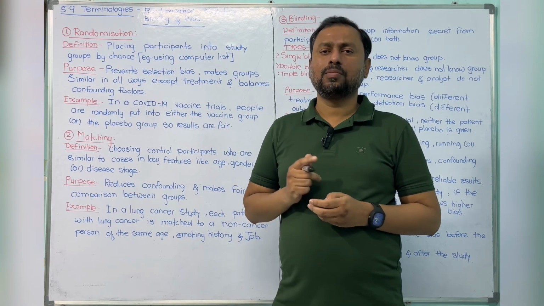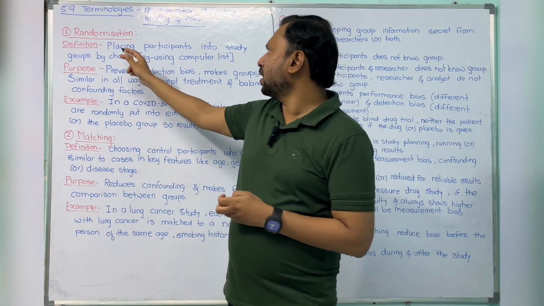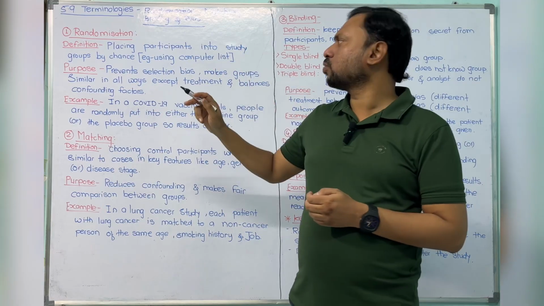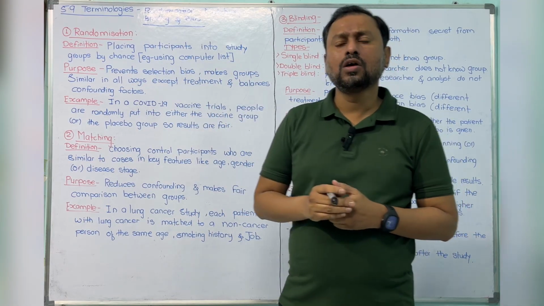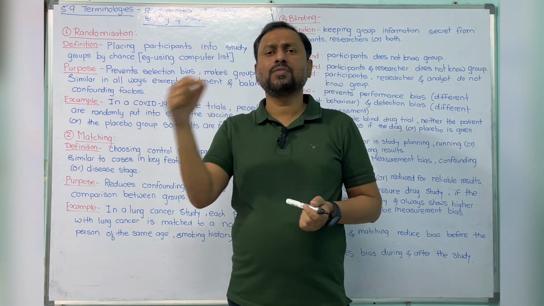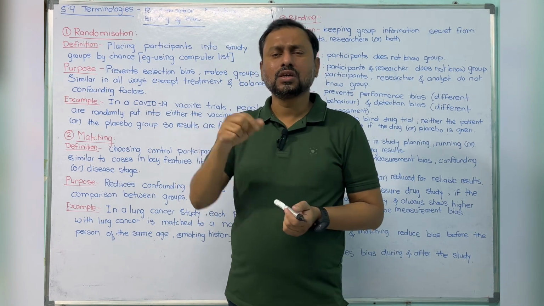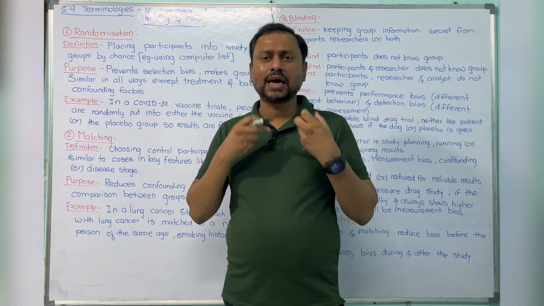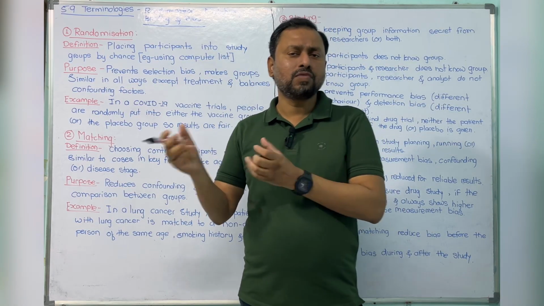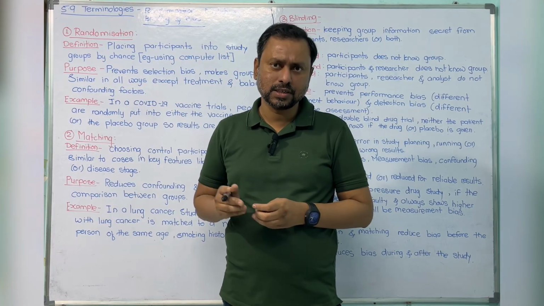This is called randomization. Here, participants are placed into the study groups by chance, for example using a computer or randomly, like lottery methods by putting numbers. If you select this way into different groups, it is randomization.